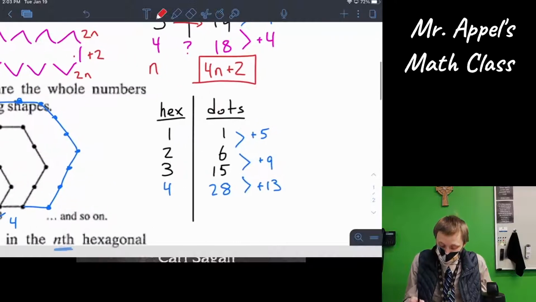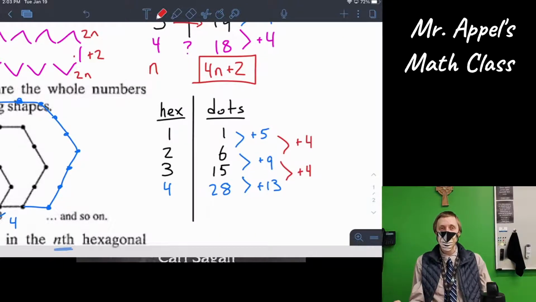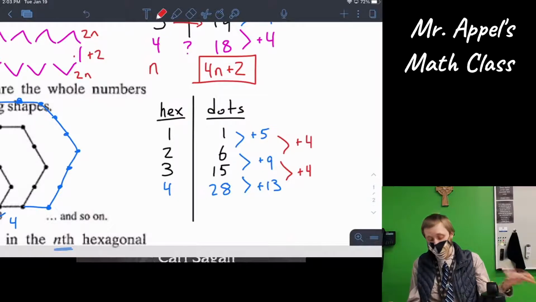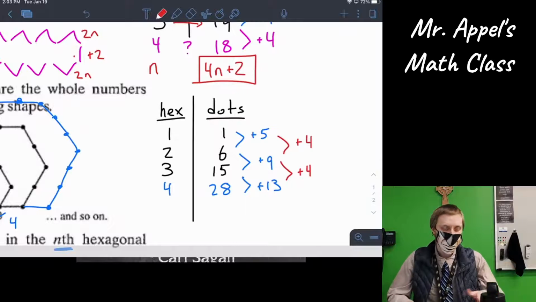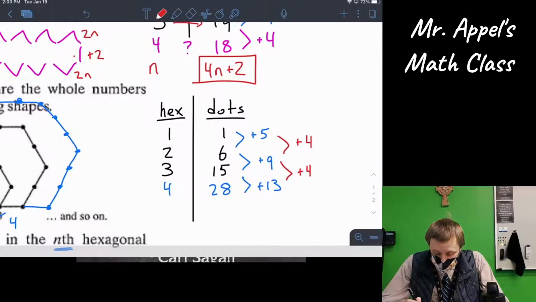Maybe there's a second difference. From 5 to 9 is plus 4. From 9 to 13, ooh, that's also plus 4. Hey, how about that? So the second difference so far is constant. And coincidentally, it's also plus 4 again. I don't know if that's because it's still hexagons. Could be. Something to investigate for later.